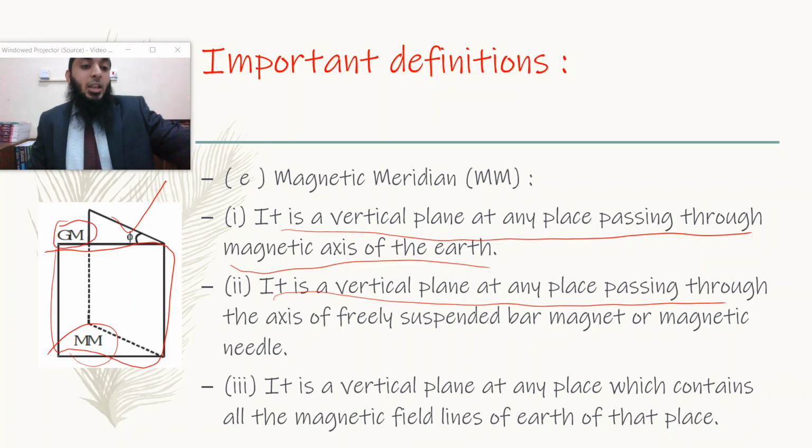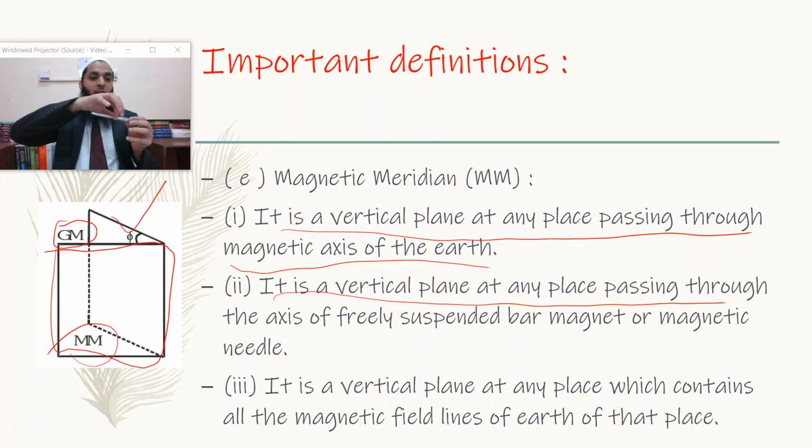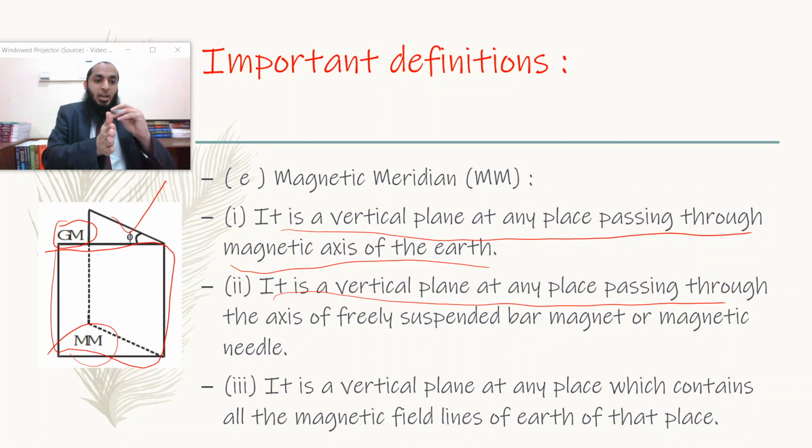So that means if I have a bar magnet and I'm suspending it, it won't orient in any random direction. It will orient along the magnetic meridian. So suppose this is the geographic meridian and I am keeping the bar magnet like this. Will it stay there? No, it will orient somewhere like this. So this is the magnetic meridian.